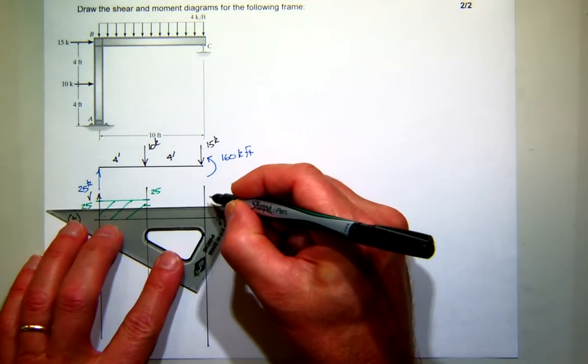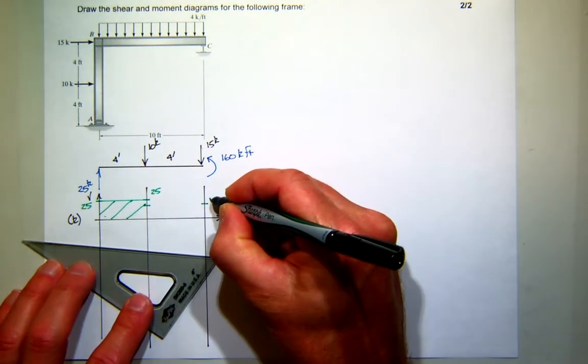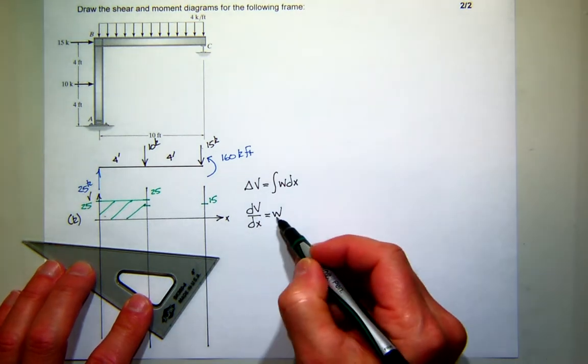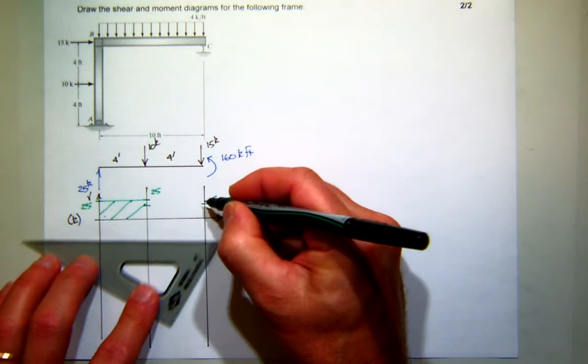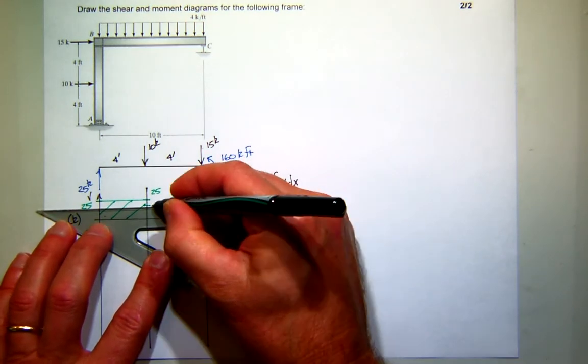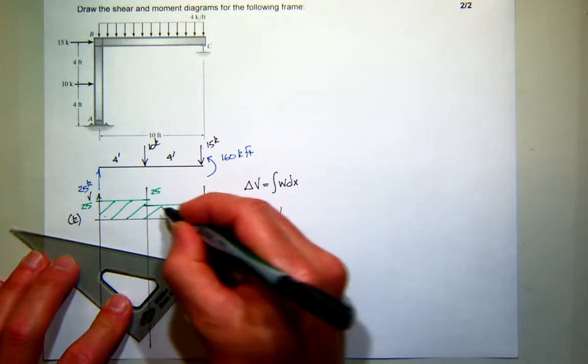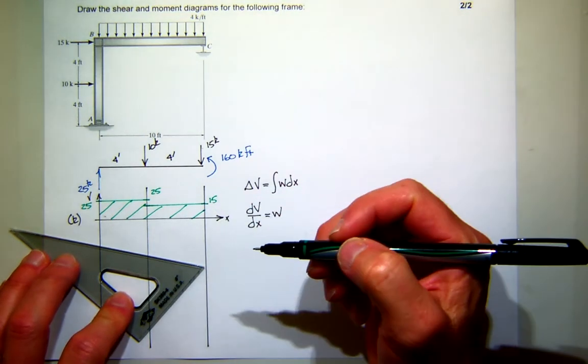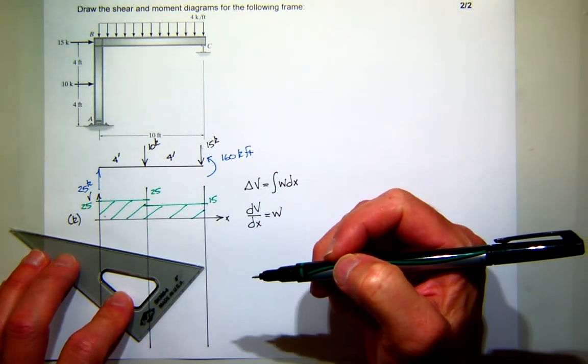So it stays at 15. You'll also notice that the slope is equal to the load. The load is 0, so the slope is 0, horizontal line. So this is a kind of stair-stepped shear diagram. Okay?